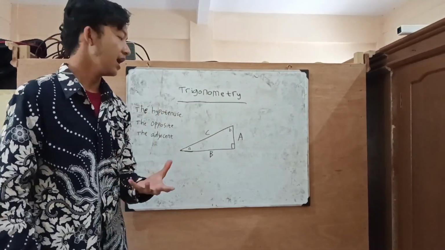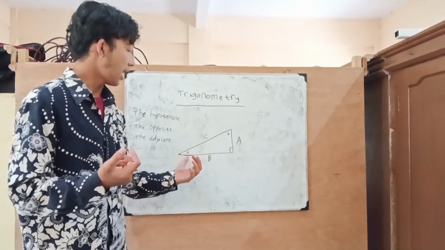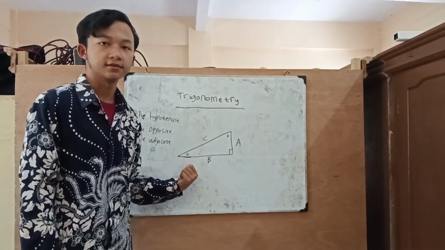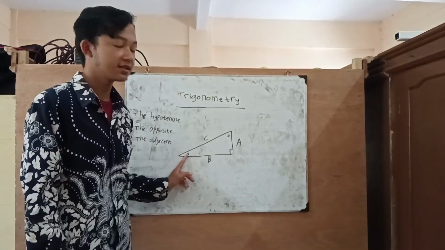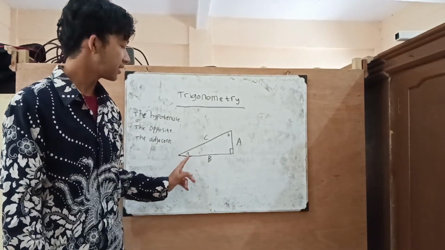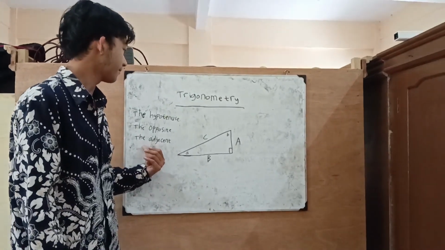The adjacent is the side next to the angle that you are considering. Like here, I consider angle A, and the side next to angle A is B. So it means B is the adjacent.